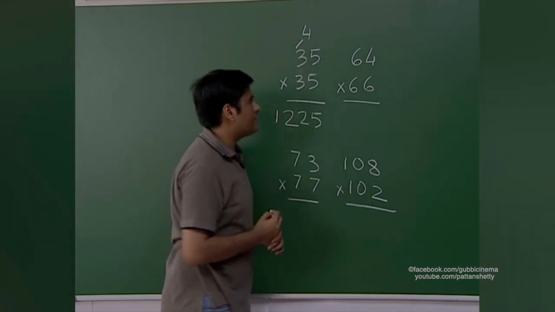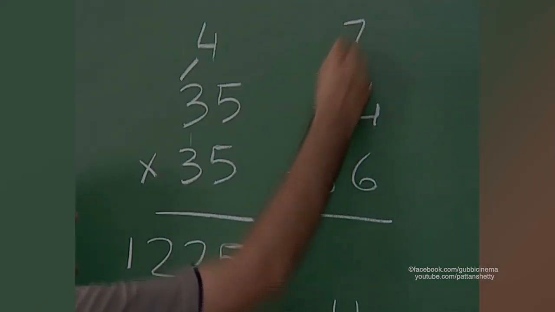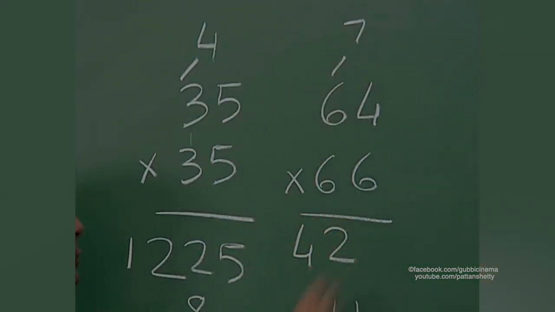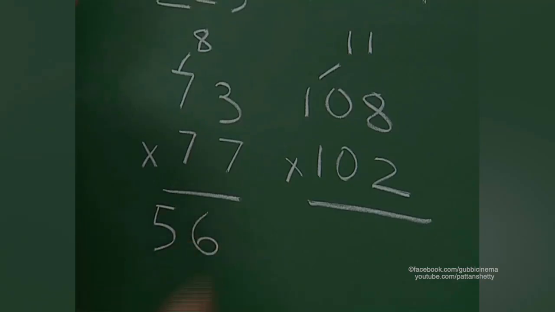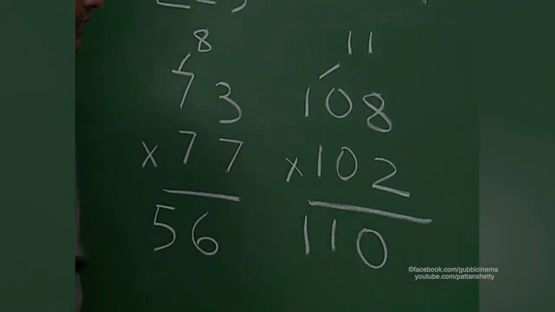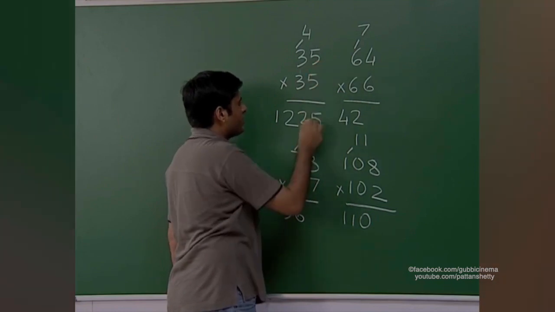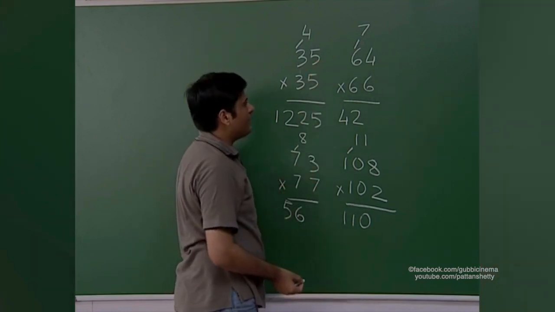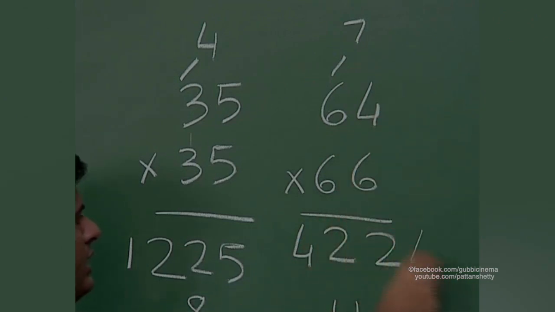Let us see how that is done. So, after 6 comes 7. 6 times 7 is 42. After 7 comes 8, 56. After 10 comes 11, 110. And then I have multiplied these 2 numbers, 5 5s are 25. Similarly, I will multiply the numbers here. 4 times 6 is 24.